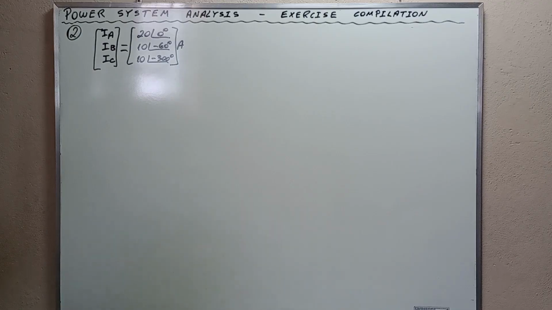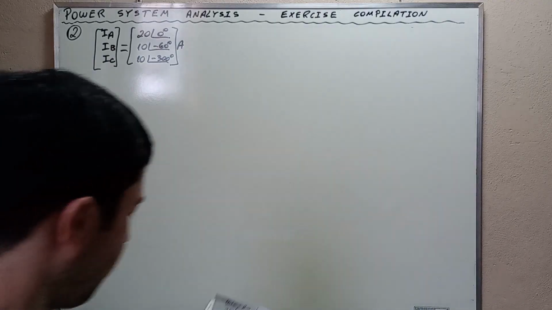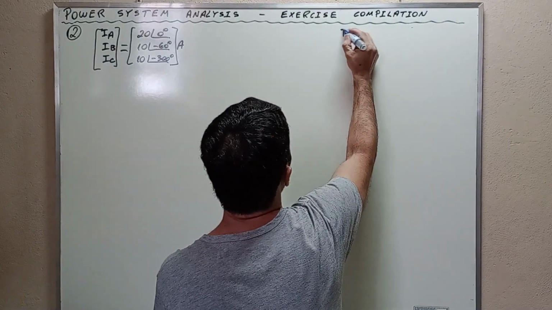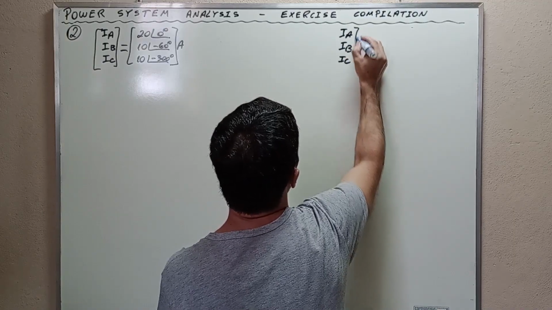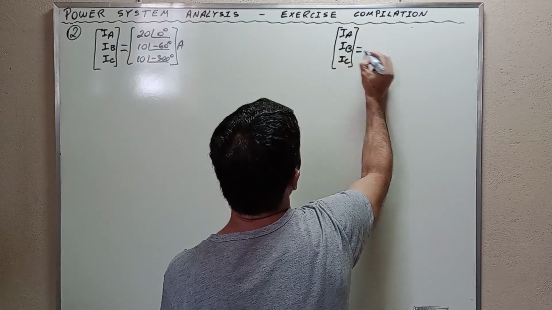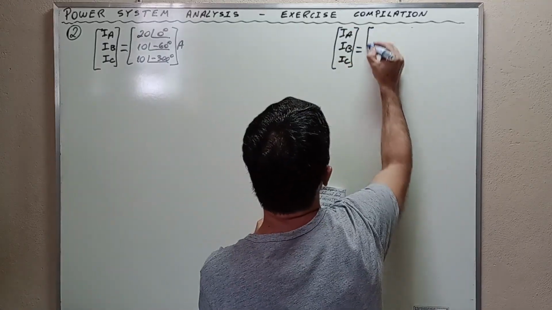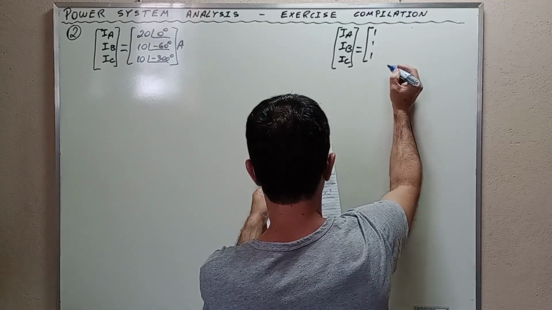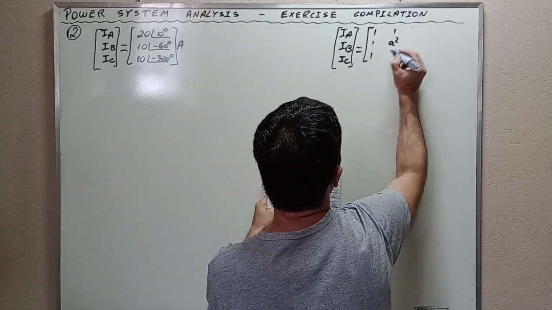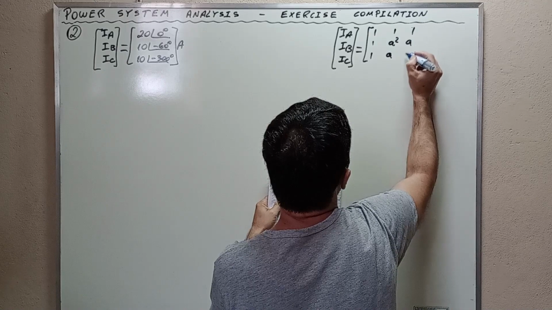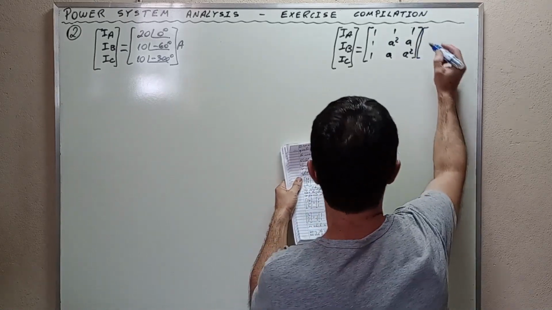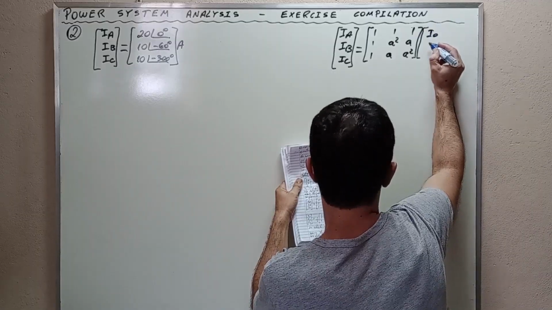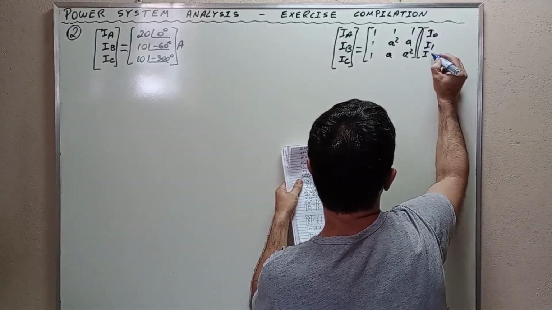The relationship between the currents along the cables and their symmetrical components is: IA, IB, IC is equal to the matrix 1 1 1, 1 a squared a, 1 a a squared, times I0, I1 and I2.